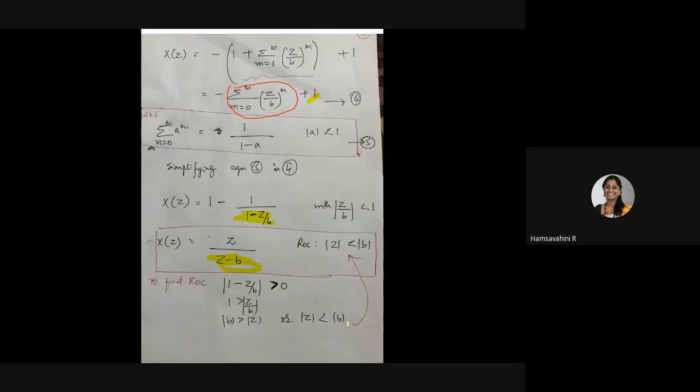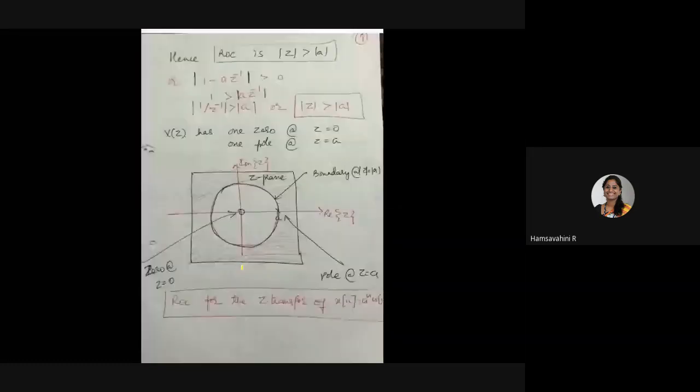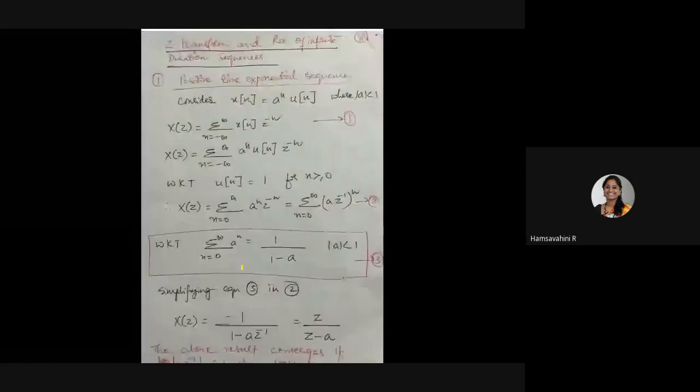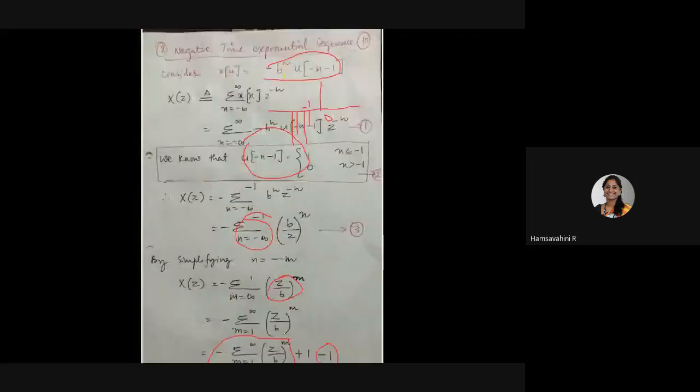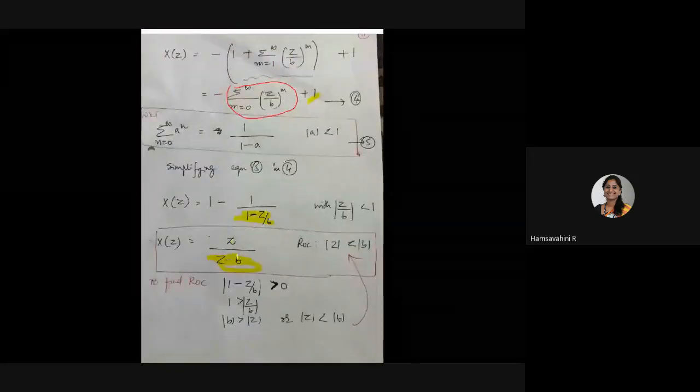So you can see both positive and negative exponential sequences. In place of b here, if I put a, you would get z by z minus a. What is the z transform of x of n equals a power n u of n? It is z by z minus a. So in place of b, if I put a, then also I get z by z minus a.